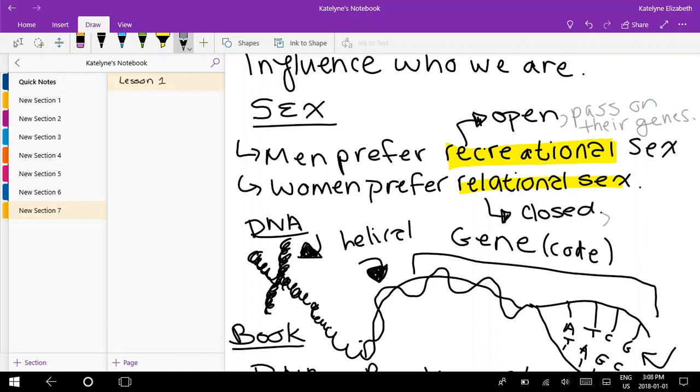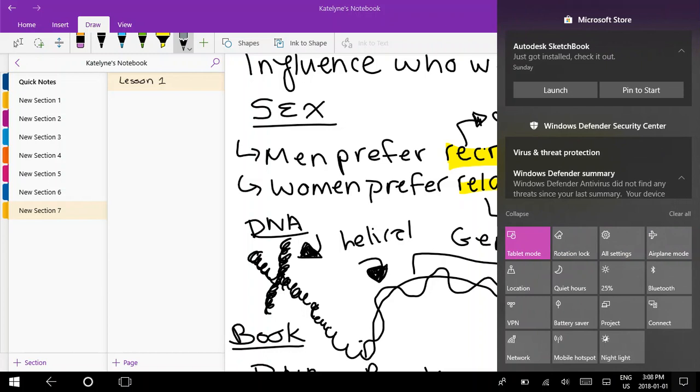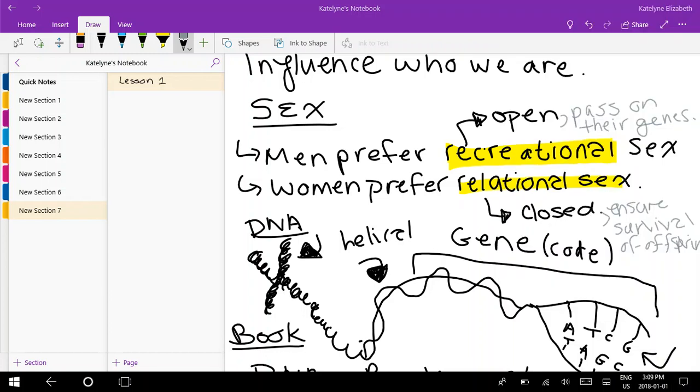Women have a closed concept to sex because they want to ensure the survival of their offspring. Yes, sorry about that, guys. They have two different survival strategies. That is why that happens.